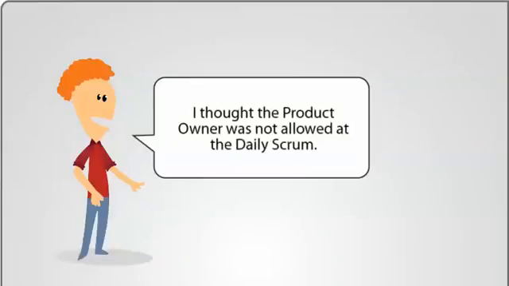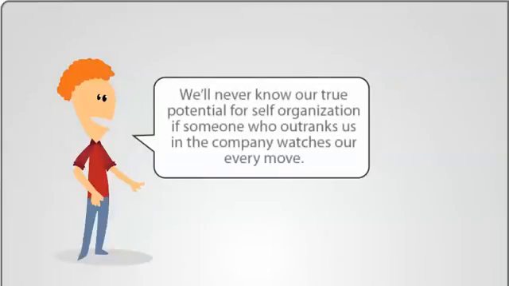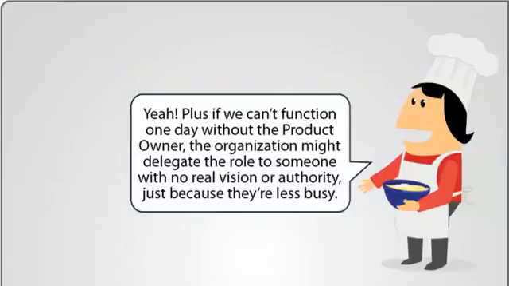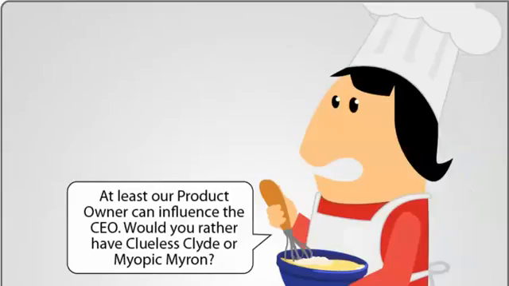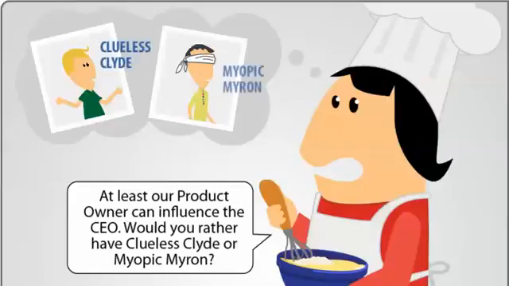I thought the product owner was not allowed at the daily Scrum. We'll never know our true potential for self-organization if someone who outranks us in the company watches our every move. Yeah, plus, if we can't function for one day without the product owner, the organization might delegate the role to someone with no real vision or authority just because they're less busy. At least our product owner can influence the CEO. Would you rather have clueless Clyde or myopic Myron?